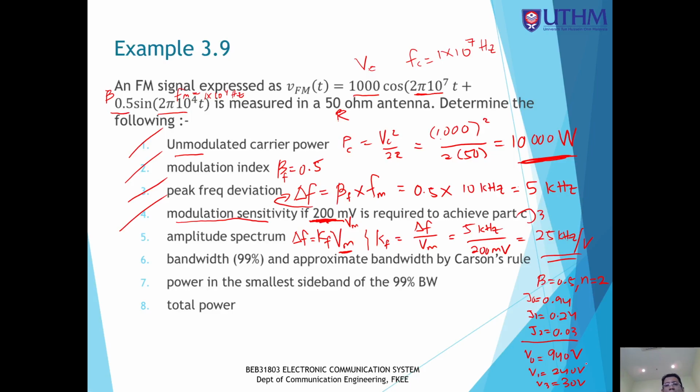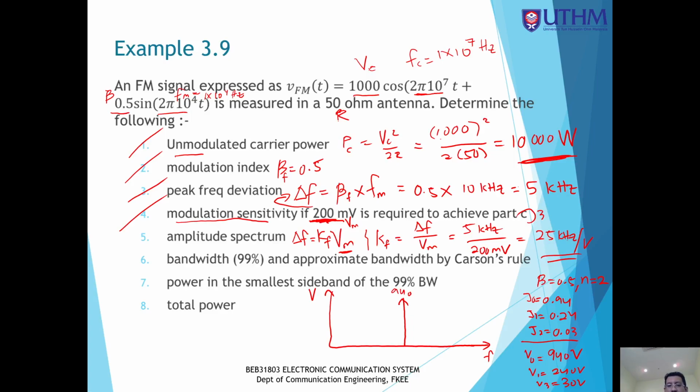Once you know this, you can draw the amplitude spectrum. Remember, amplitude spectrum means you need to draw amplitude versus frequency, which is V versus F. Here you have the carrier, which is 940.